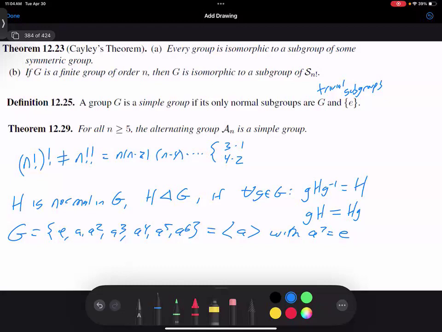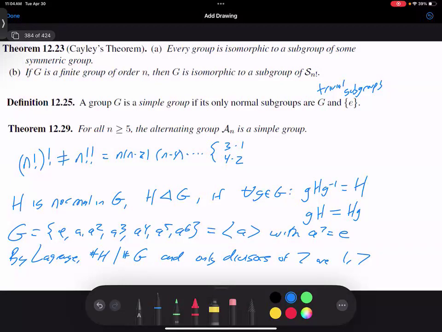Lagrange's theorem. By Lagrange, the order of H divides the order of G, and the only divisors of 7 are 1 and 7.